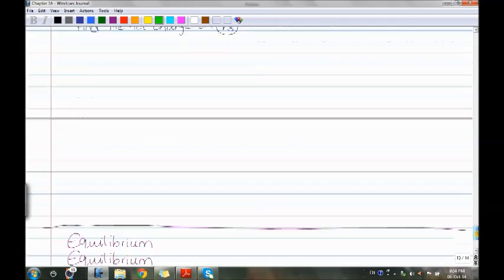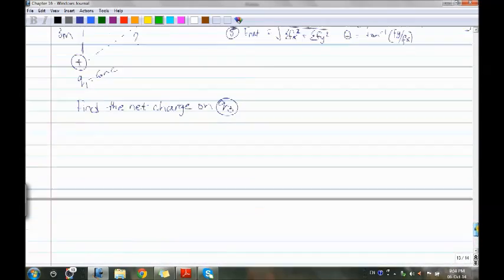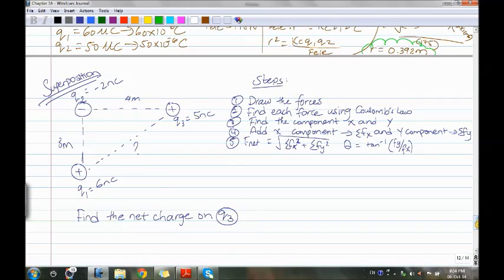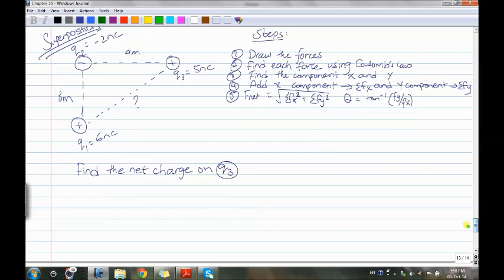Now let's move on to superposition. Here we have the negative and the positive charges. First of all, let's note the steps. The first step is to draw the forces. Second, find each force using Coulomb's law.